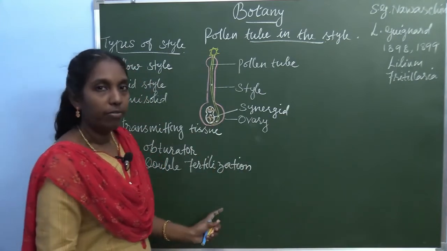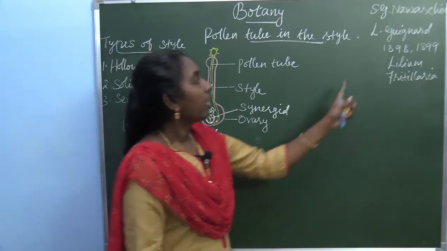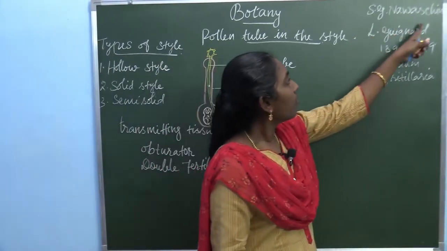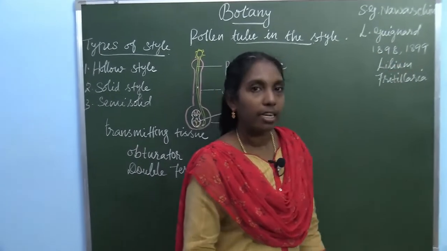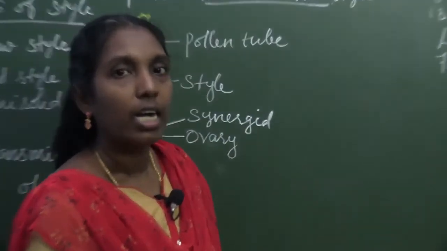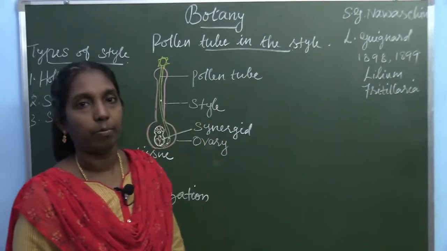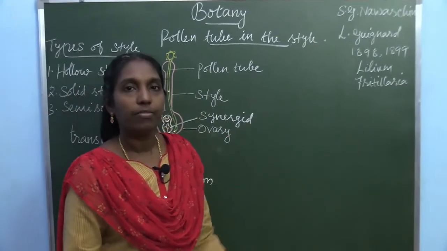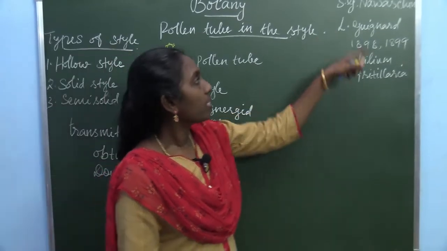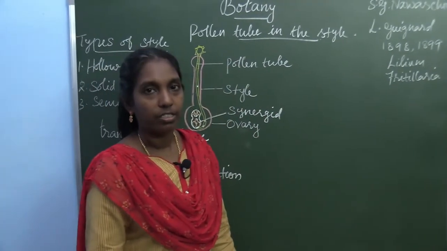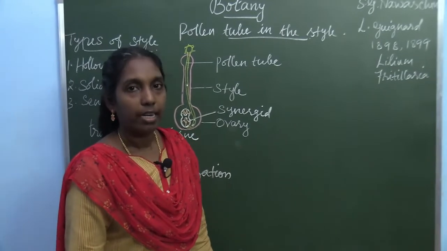What is meant by double fertilization? In the year 1898 and 1899, S.G. Navashin and L. Guignard observed double fertilization in Lilium and Fritillaria. In Lilium and Fritillaria, these two persons, Navashin and Guignard, observed double fertilization, which is common among dicots.